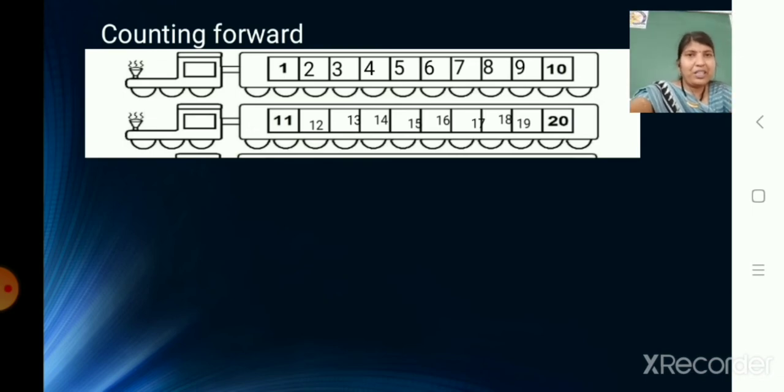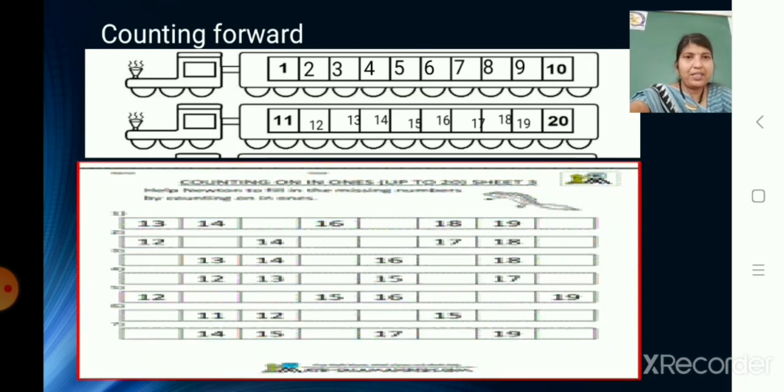Here also we completed forward counting 11 to 20. 11, 12, 13, 14, 15, 16, 17, 18, 19 and 20. Understand how to count forward? You have to find the after number of that number each time, or you can add one more each time. Now here are some more examples that you have to solve by yourself.